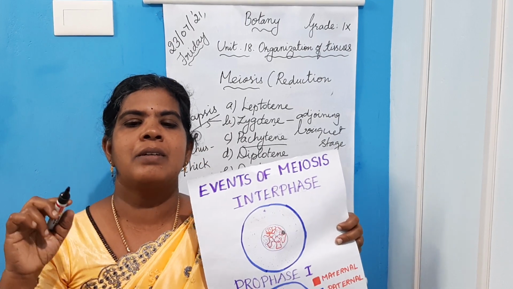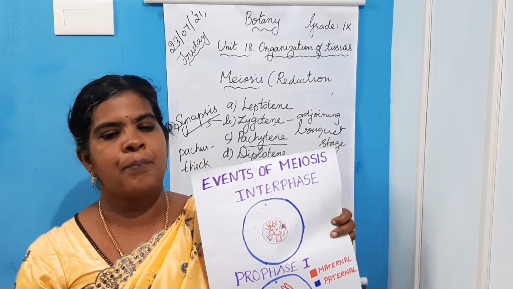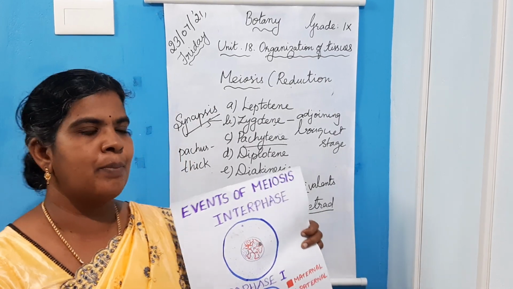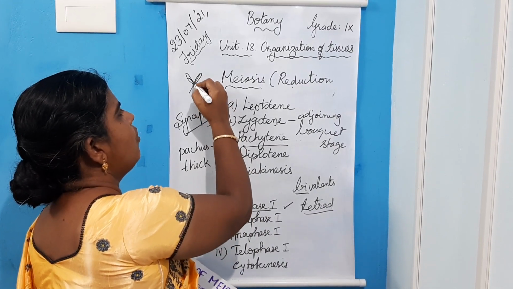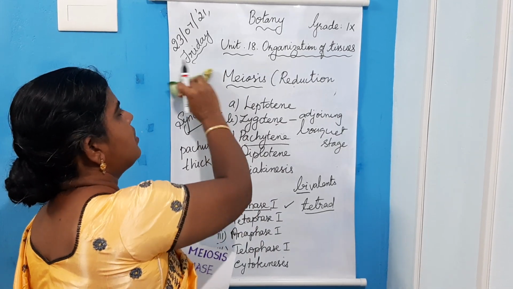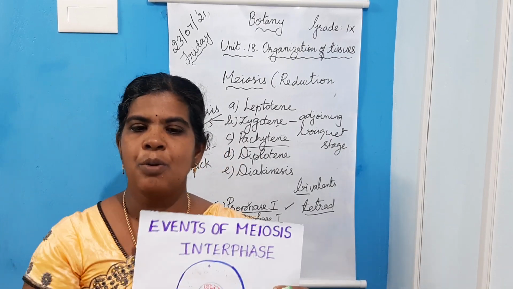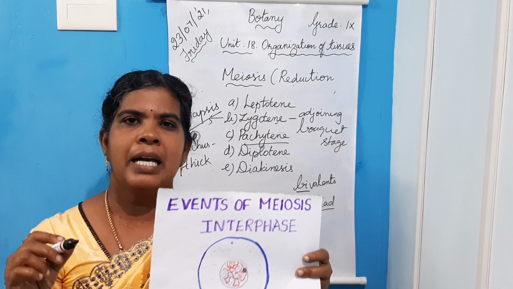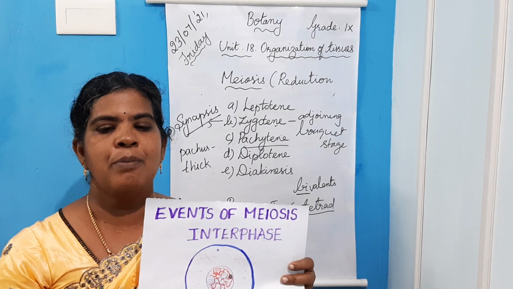They do not completely separate, but remain attached together at one or more points by an X-shaped arrangement. Here there will be the centromere, here the chromosomal arms, that is chromatids.